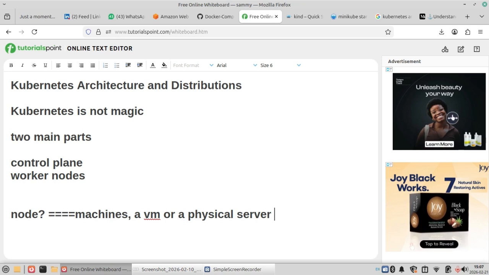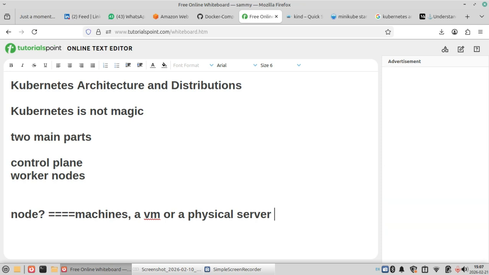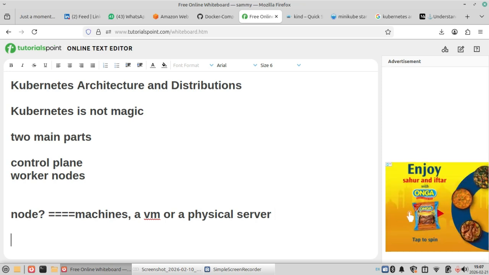Now, what is the control plane? You can understand that the control plane is the brain of the cluster. It does not run your application containers. It manages the cluster. Let me repeat. The control plane does not run your application, but the control plane manages how your application runs.